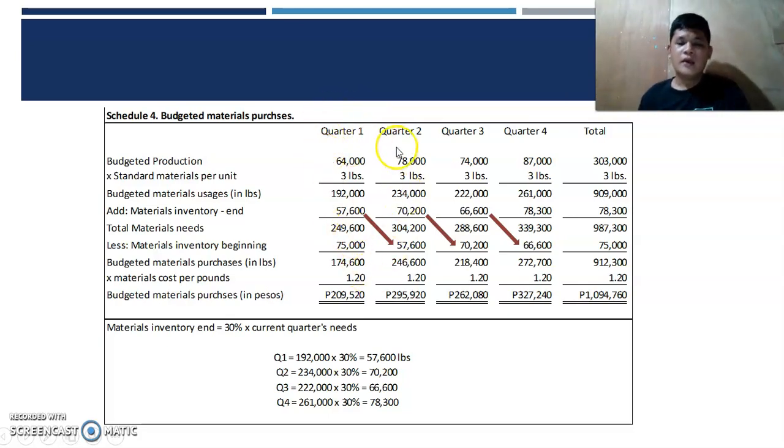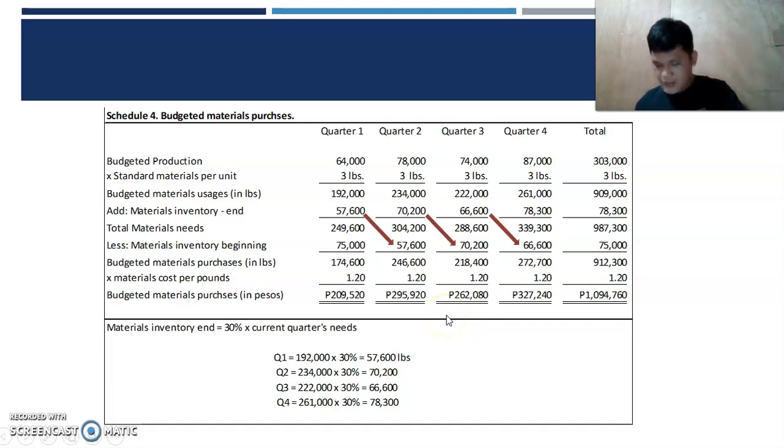And so on for the same explanation for quarter 2. Ang exemption lang is itong materials end ng quarter 1 mapupunta sa materials beginning ng quarter 2. So, kung makikita nyo itong arrow, so itong 57,600 mapupunta lang sa ending ng quarter 1, beginning ng quarter 2. Naintindihan? So, and so on.